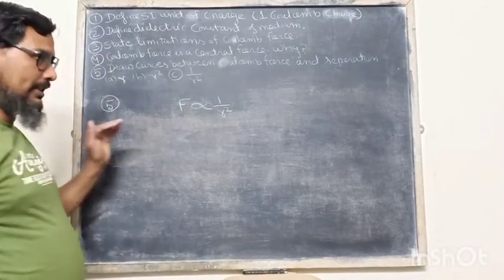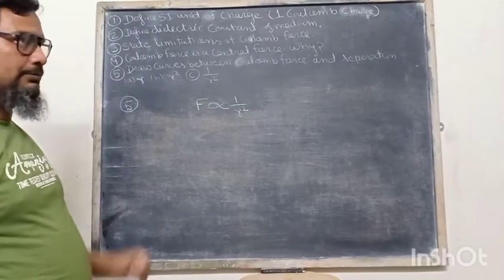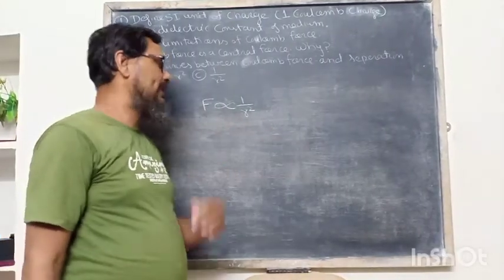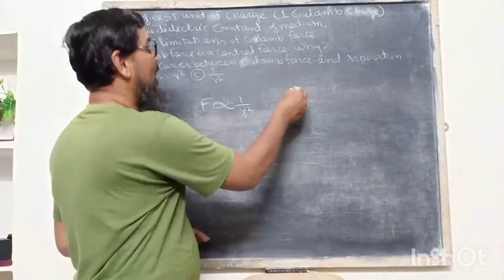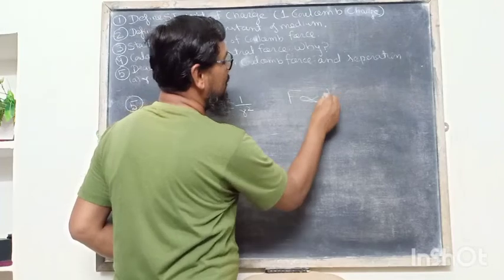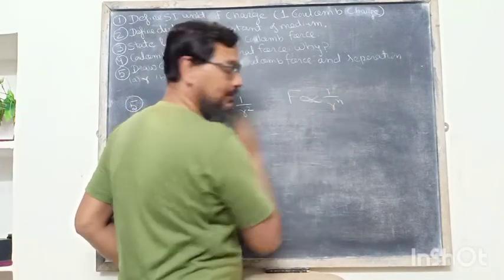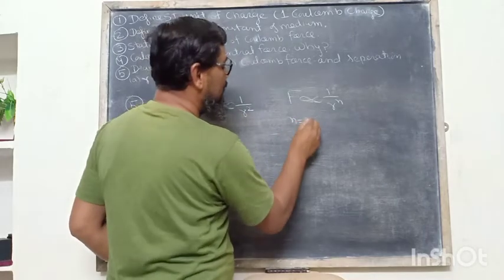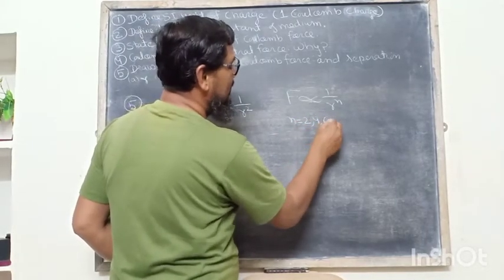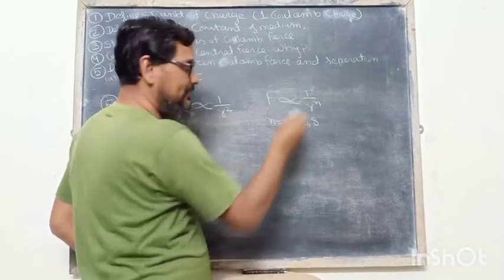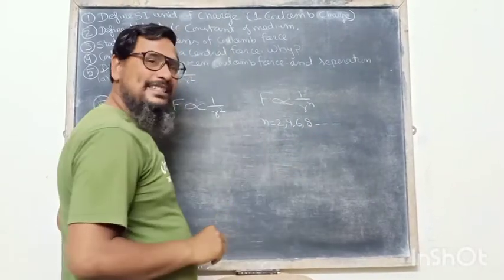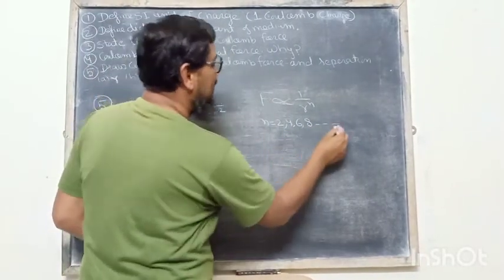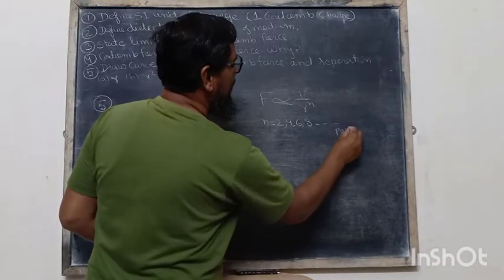First of all, we have to understand certain rules. If F is inversely proportional to R^n, and if n is equal to 2, 4, 6, 8, and so on, meaning even powers, then the shape of the curve will be a parabola.